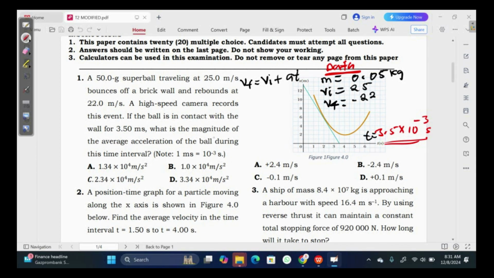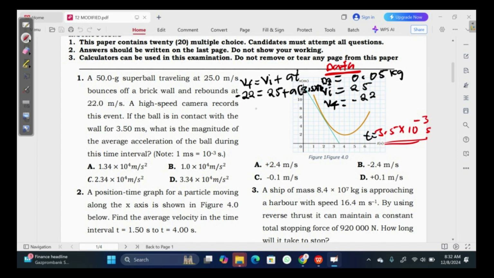Plug in the values. The final velocity is negative 22. The initial velocity is 25. Acceleration we don't know, but we know the time, 3.5 times 10 to the power negative 3.